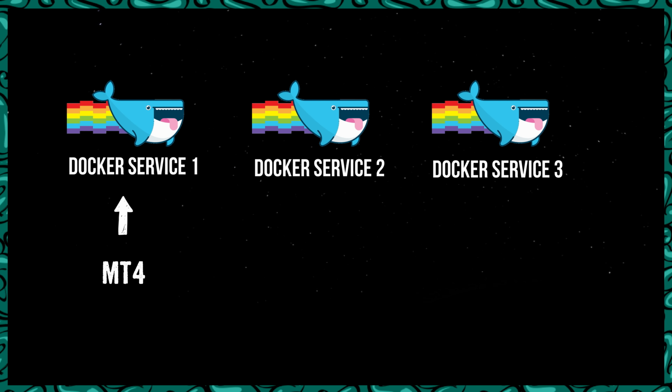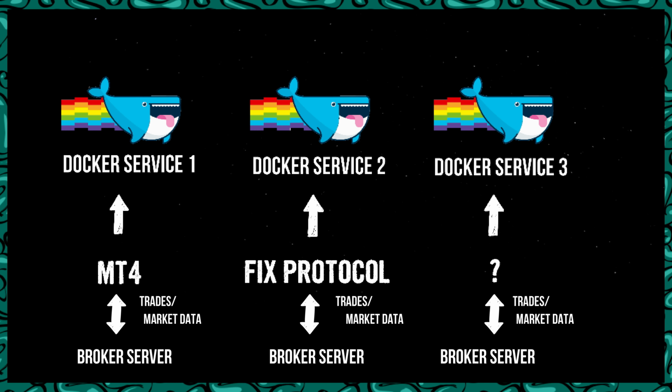Basically, I wanted to create one service for MT4 connection and one service for FIX connection. The purpose of those services would be to log in to the broker service, then stream quotes and send messages to execute trades. So it was like splitting the logic of each connection type.